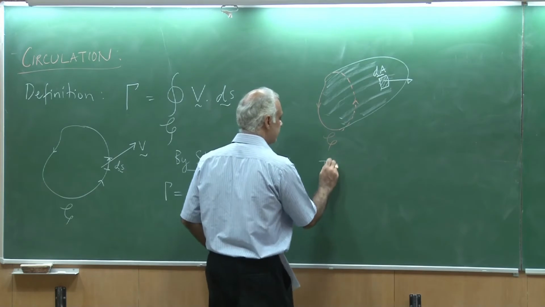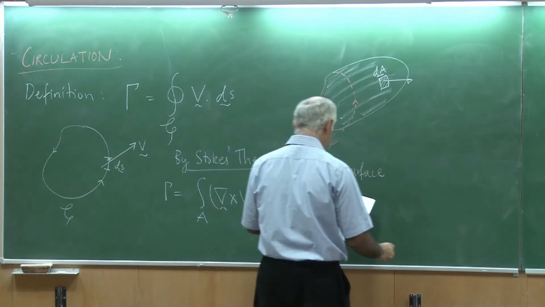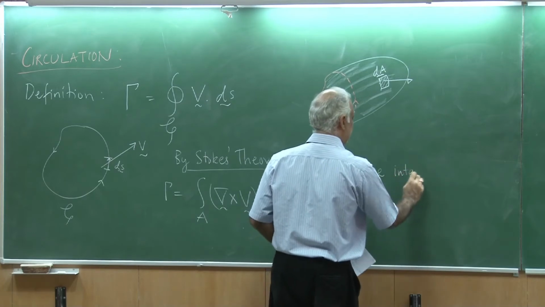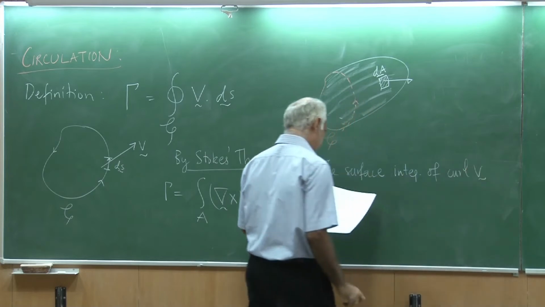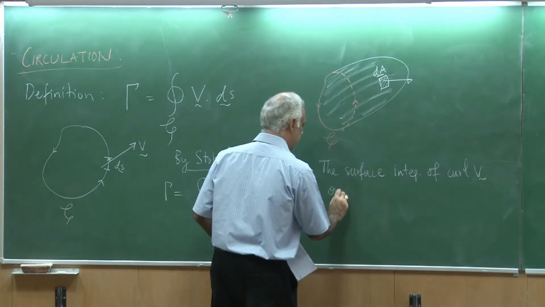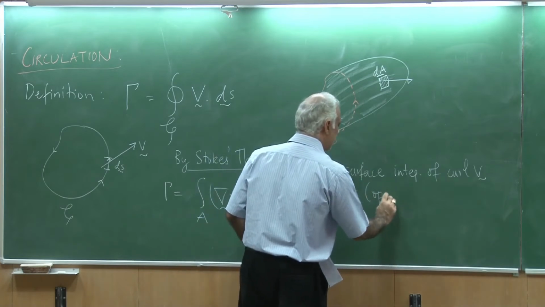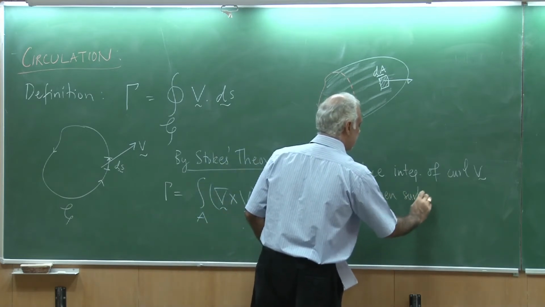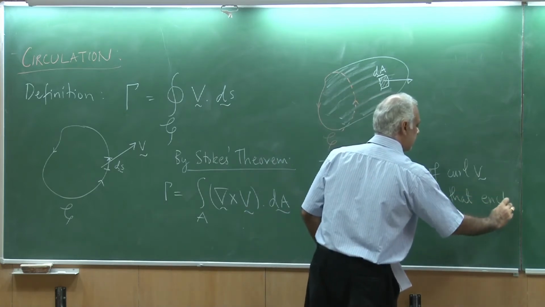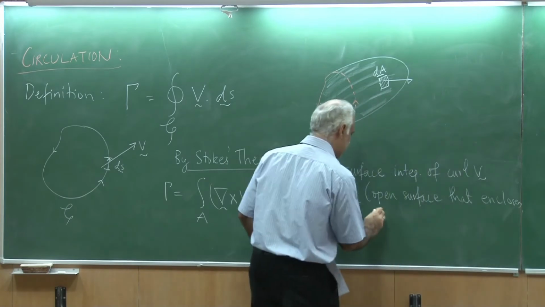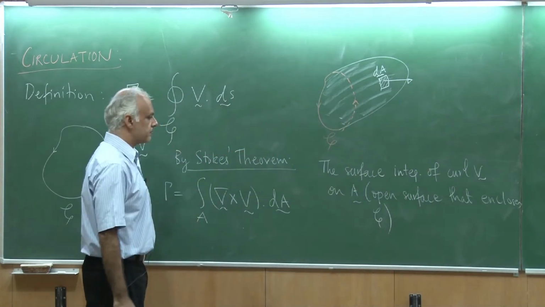So, the surface A of the curl of velocity on this area A, which is actually the open surface that encloses C. Okay.